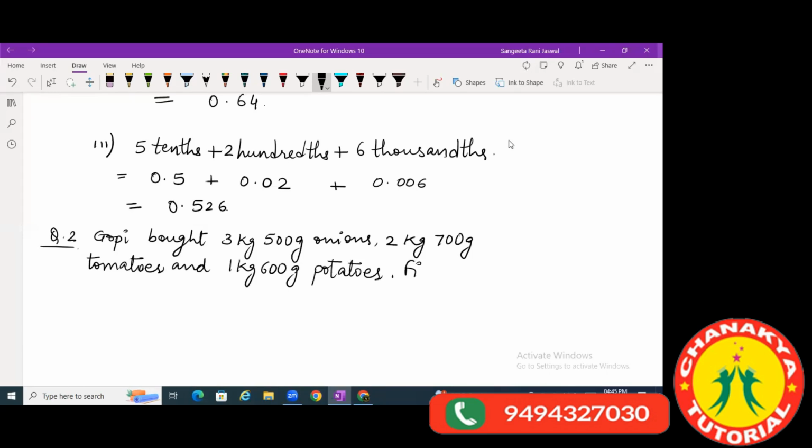Find the total weight of all the vegetables he bought.